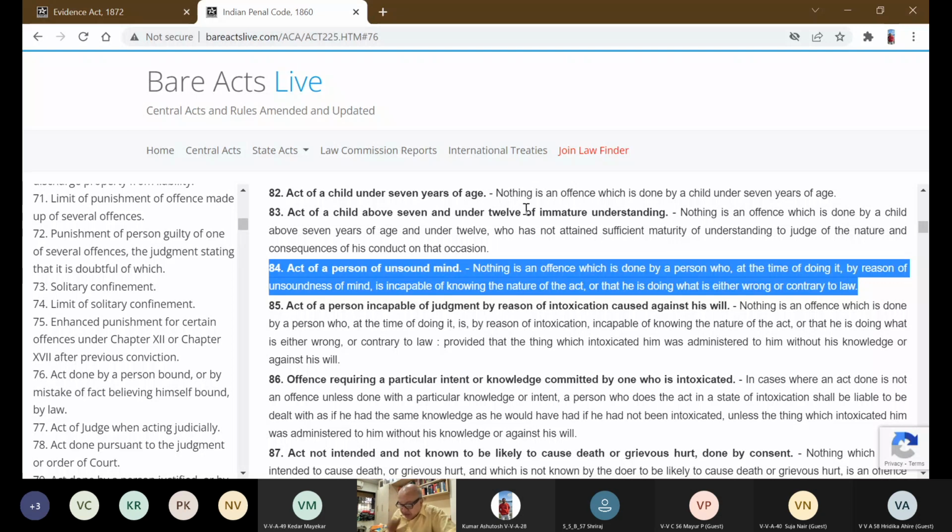So the examples are the DNA report, medical report, handwriting expert, medical evidence, conviction based and expert, and CRPC के अंदर provision है for examination. There are experts known as ballistic experts.